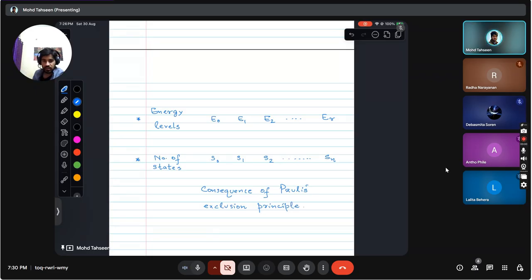Now we could argue that there should be only two states pertaining to each energy level, because Pauli's exclusion principle says that there cannot be more than two electrons present at one energy level, and the spin has to be different, which is to say that all four quantum numbers cannot be the same.